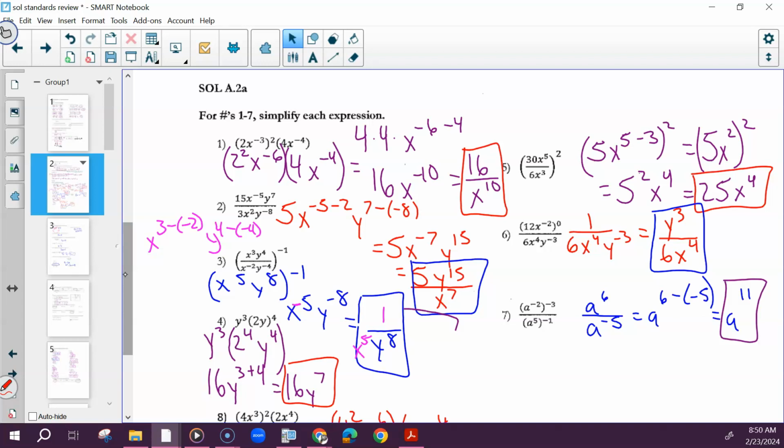Number 5, 25x to the 4th. Number 6, y to the 3rd over 6x to the 4th. Number 7, a to the 11th.